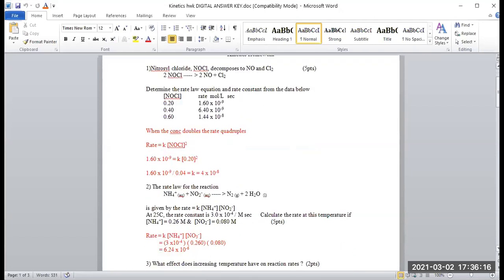So looking at the first problem, we have a scenario that has a single reactant and two products. We're only paying attention to the reactant part.